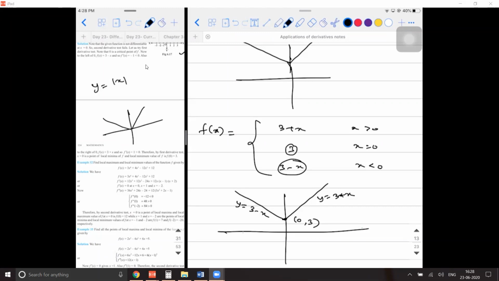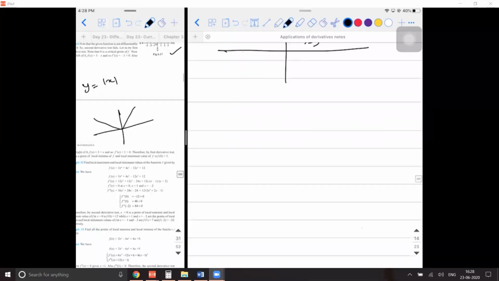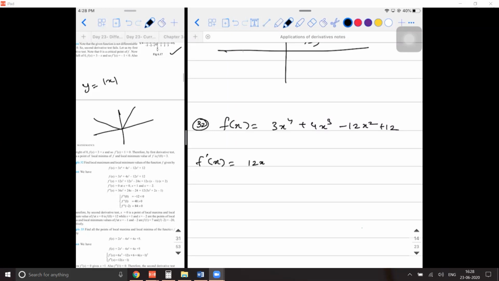I hope you got the answers. So find the local maximum and local minimum for the function 3x power 4 and so on. Anyone having a problem with finding the roots of a cubic equation? So f dash of x will be equal to 12x cube plus 12x square minus 24x.